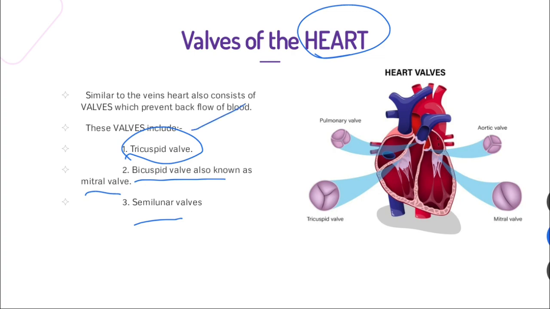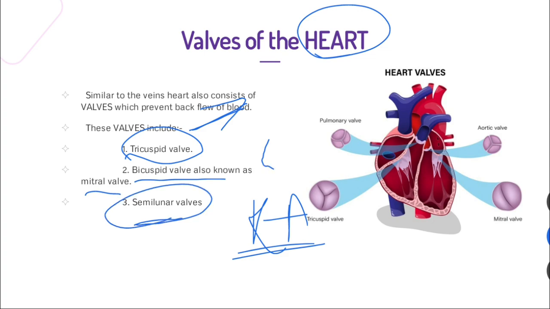The tricuspid valve is present at the junction of the right atrium and right ventricle, whereas the bicuspid or mitral valve is present at the junction of the left atrium and left ventricle. And the semilunar valves are present in the pulmonary artery and aorta.